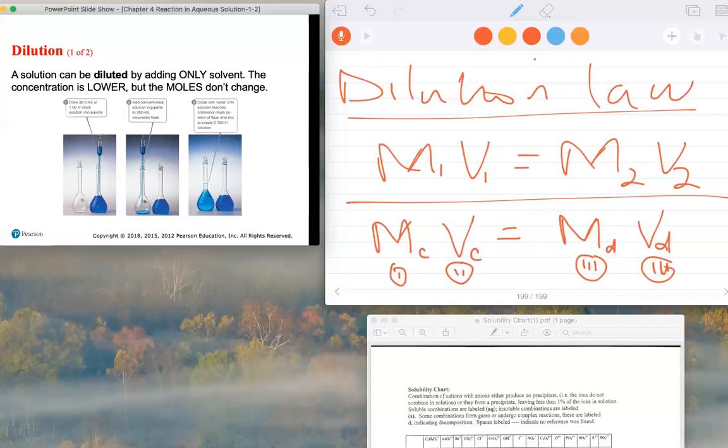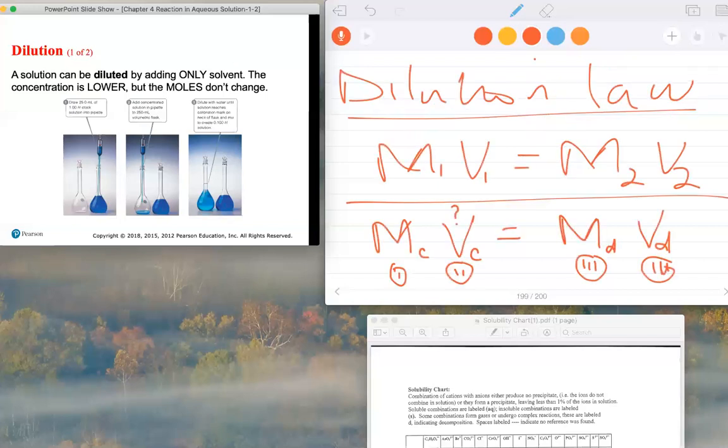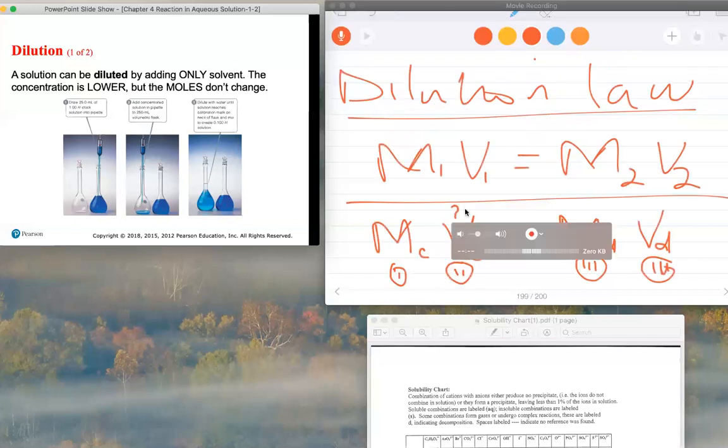If you are looking for, say, V concentrated, then V concentrated will be given by M dilute times V dilute over M concentrated. I'm just rearranging this equation, making V concentrated the subject of the formula. I divide both sides. You know how to rearrange that.